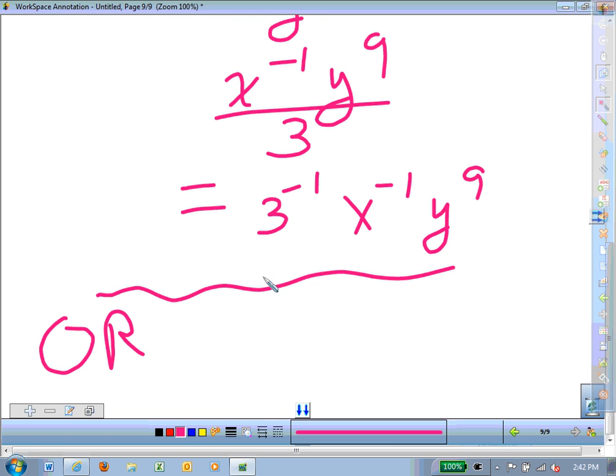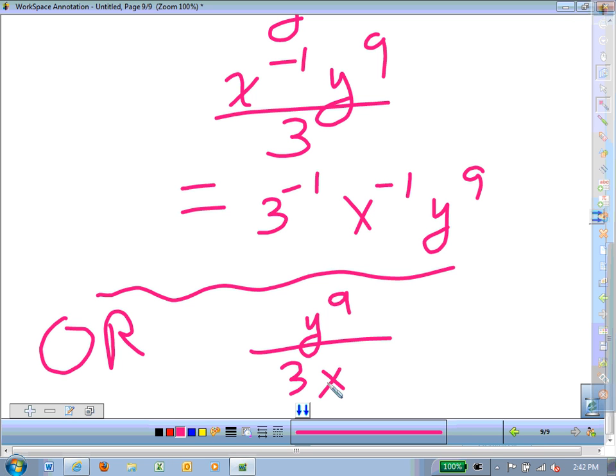So either of those fine. If you don't like negative numbers, well, you could also write it this way, right? So that's fine. And so writing it one of those 3 ways as a final answer, in most cases, doesn't make any difference.